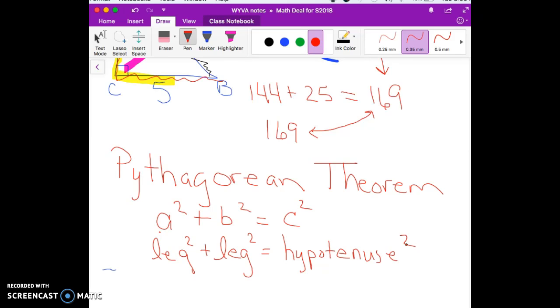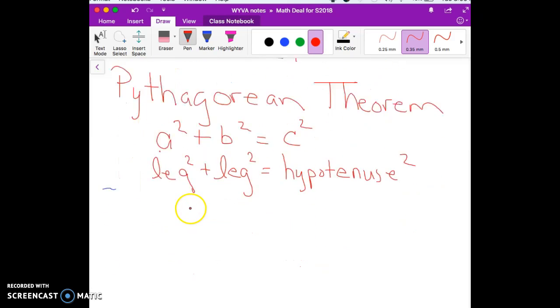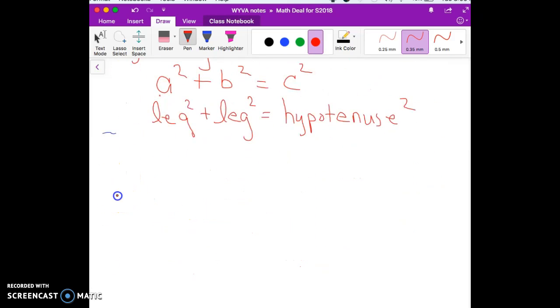Okay, so where does this trig come from? Well, there are ratios. Ratios are just a big old fancy word for fractions, and we make fractions with the sides.